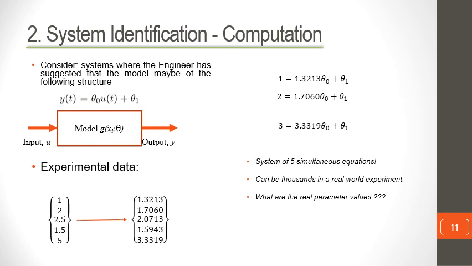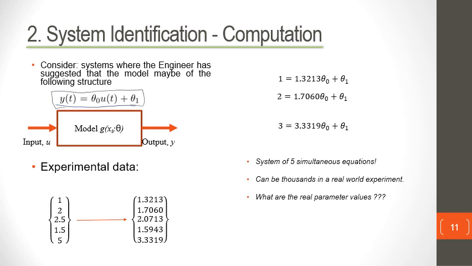So in this case, let's make a small example of the computation and how it can be done. Consider a system engineer has suggested that the model may be of the following structure, and you as a technician have to carry out this system identification procedure.